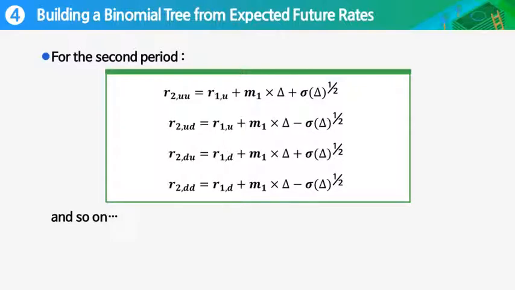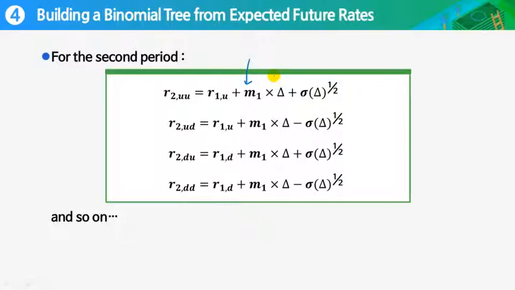For the second period, now you can get another expectation, another change of interest rate from 6 months to 1 year, and then we call it M1, okay, M1 over here. You put that number.